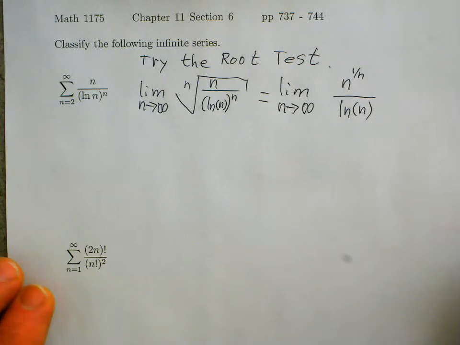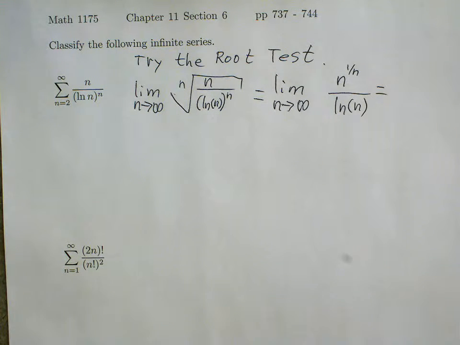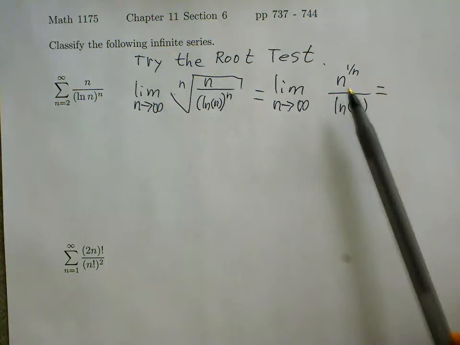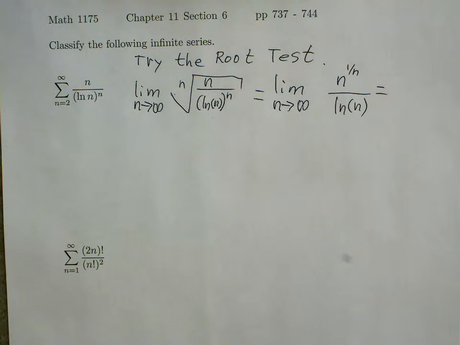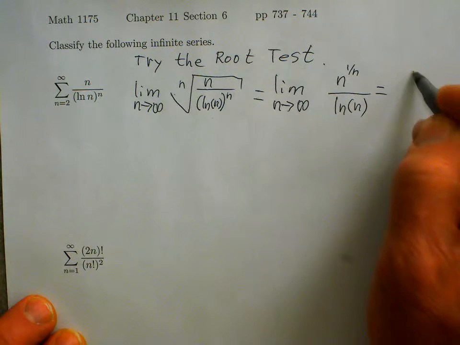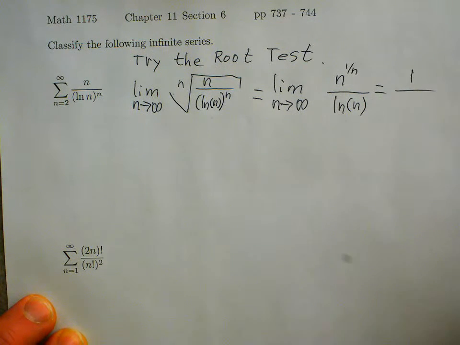Okay, so we've seen enough this semester to know what the numerator approaches. As n approaches infinity, n to the 1 over n approaches 1. And the denominator approaches infinity.